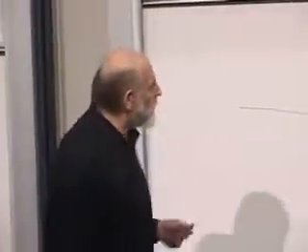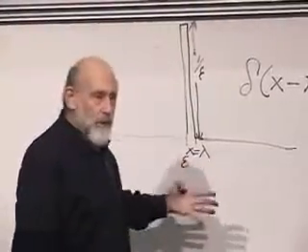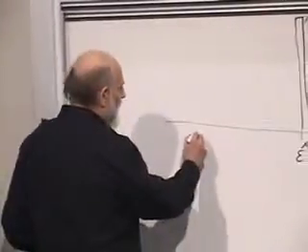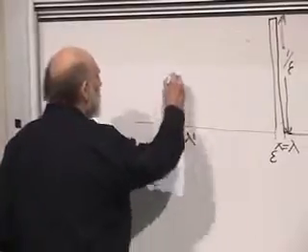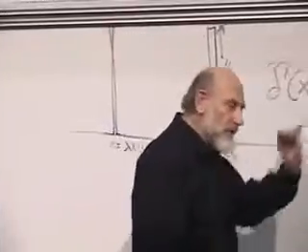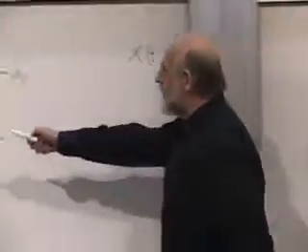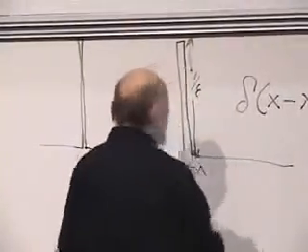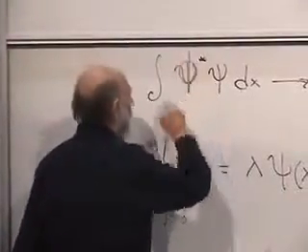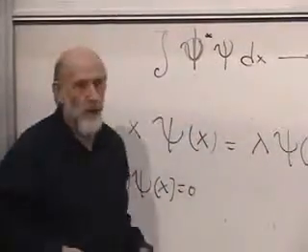Ortho means that if I have two different eigenvectors with two different values of lambda, they must be orthogonal to each other. So let's draw another eigenvector corresponding to x equals lambda prime. That's a function which looks like this. Now, as I said, we will have to imagine in the end that this epsilon shrinks to a smaller and smaller size. But these two functions are orthogonal to each other because when you multiply them together, let's call them phi and psi, one or the other is 0 everywhere.